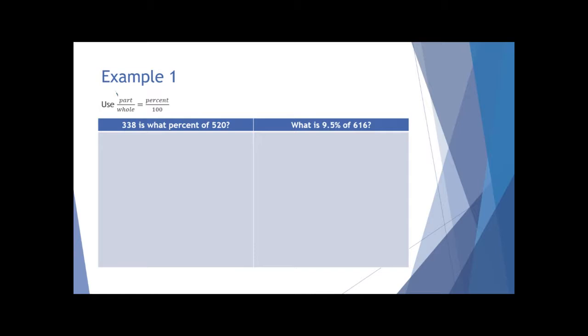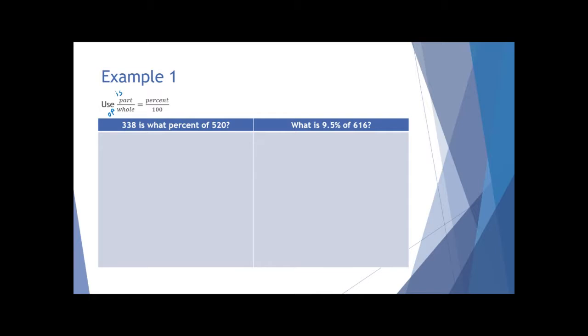The "is," whatever goes with the "is" is usually the part, and then the "of" is the whole, basically. So if you have something translated like this, the "is" is the part, the "of" is the whole. And then that allows you to just basically plug in your numbers and then you start solving.